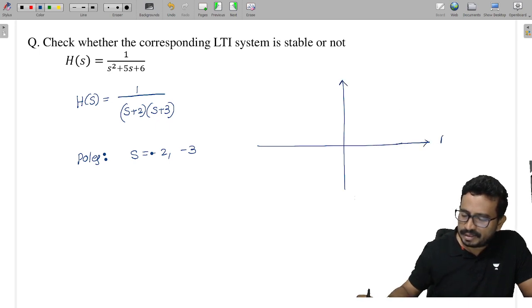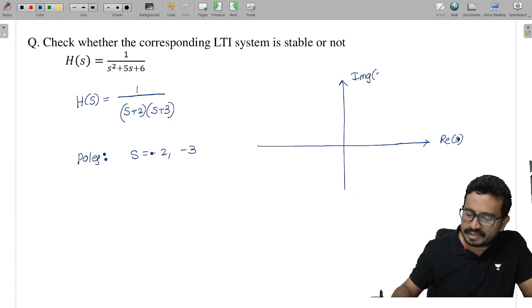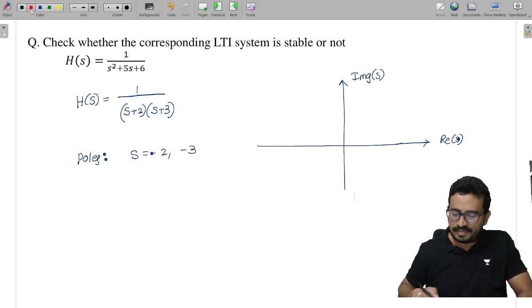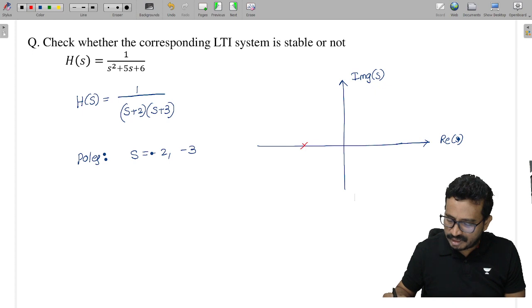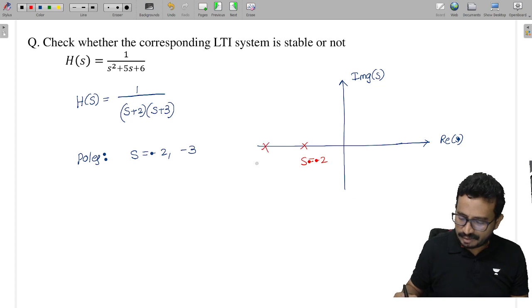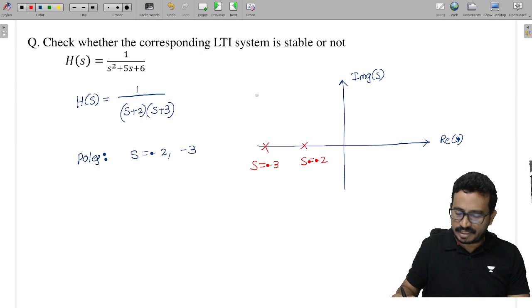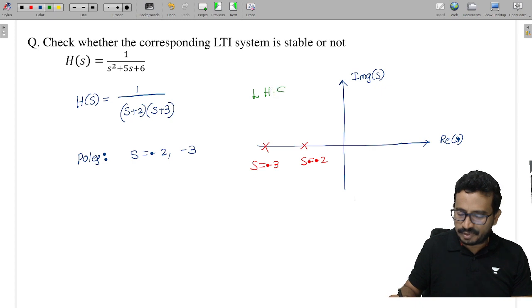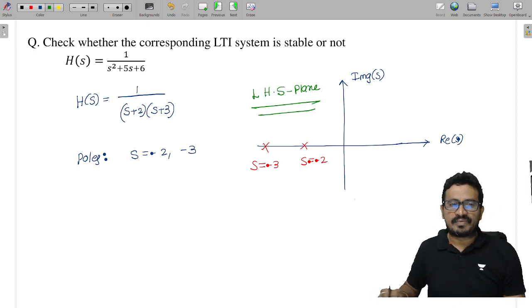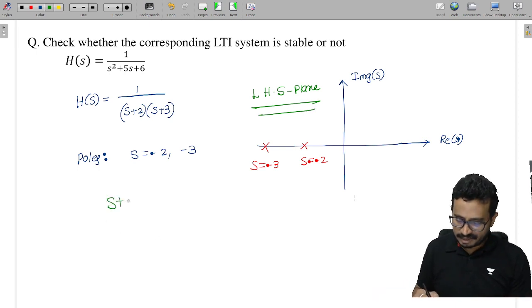On the S plane, with the real part and imaginary part, S is equal to minus 2 is one pole and S is equal to minus 3 is another pole. Both poles are in the left of S plane. We don't have any pole on the right of S plane or on the imaginary axis. So the nature of the system is a stable system.